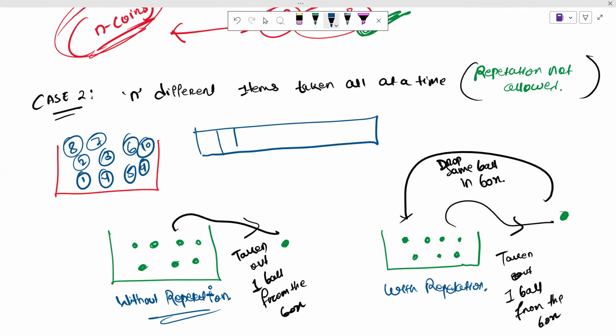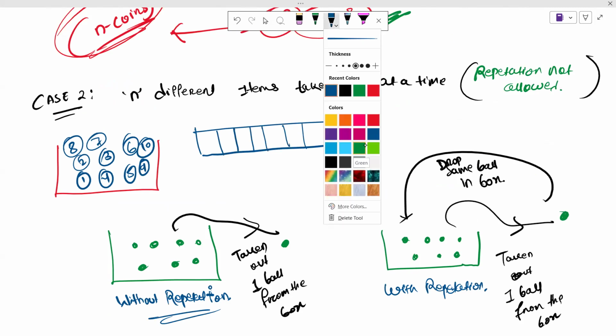Take balls 1, 2, 3, 4, 5, 6, 7, 8, 9, 10. Here I will focus on the first ball.